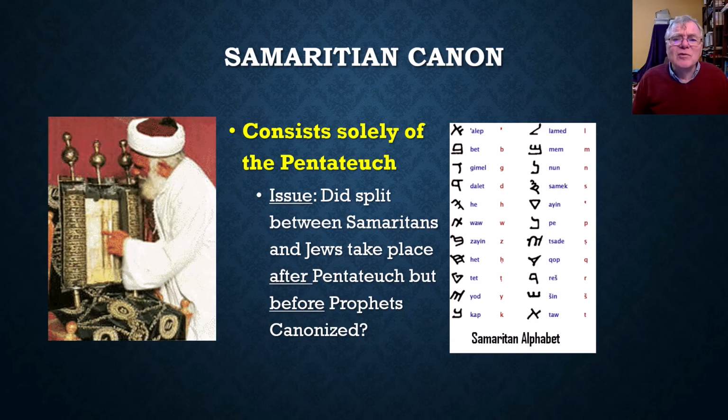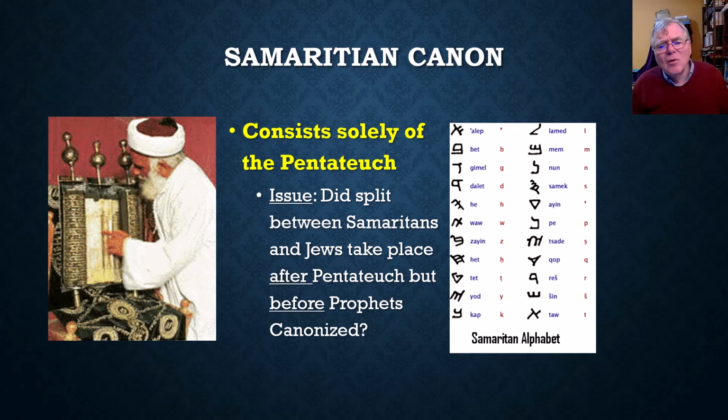Another ancient view is the Samaritan canon. The Samaritan canon consists solely of the Pentateuch. That is, they only accepted as scripture the first 5 books of the Old Testament: Genesis, Exodus, Leviticus, Numbers, and Deuteronomy. And there was a split between the Samaritans and the Jews.